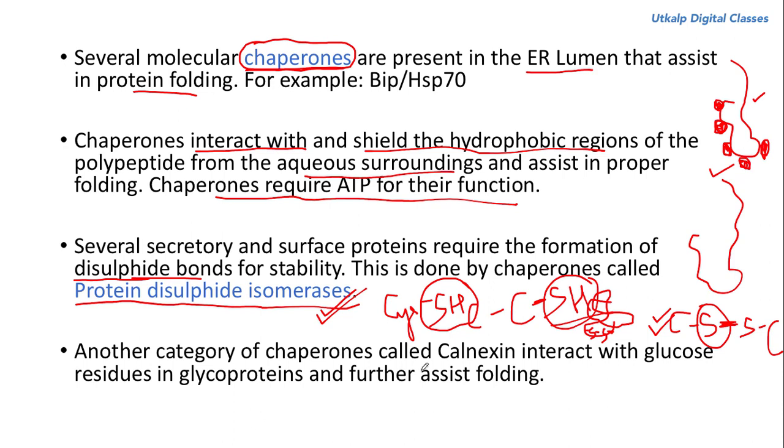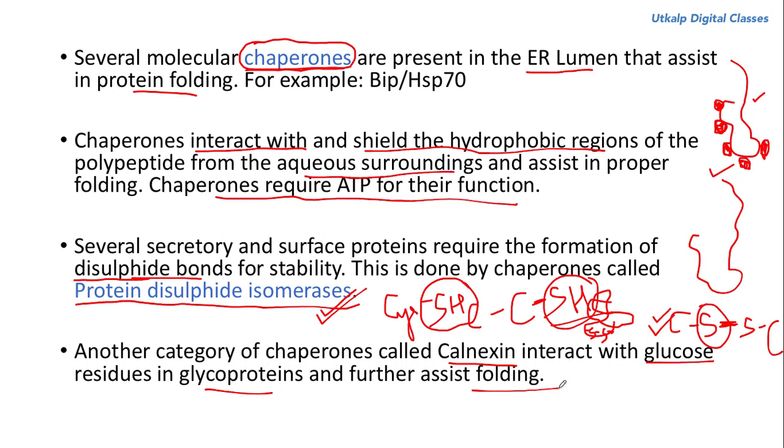Another category of chaperones called calnexin interact with glucose residues in glycoproteins and further assist in protein folding. So there are a lot of chaperones, different categories of chaperones for different molecules. There are calnexins for glucose residues in glycoproteins, which bind to glucose, and when they bind to glucose, they lead to the proper folding of these glycoproteins.